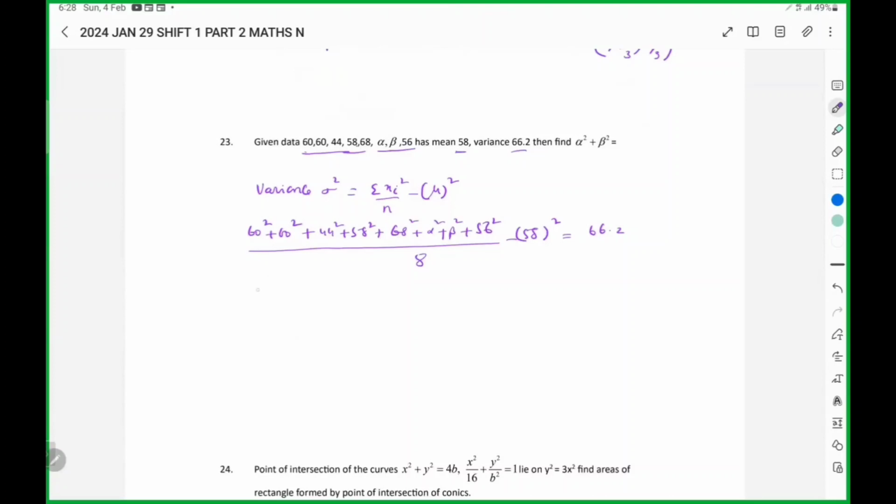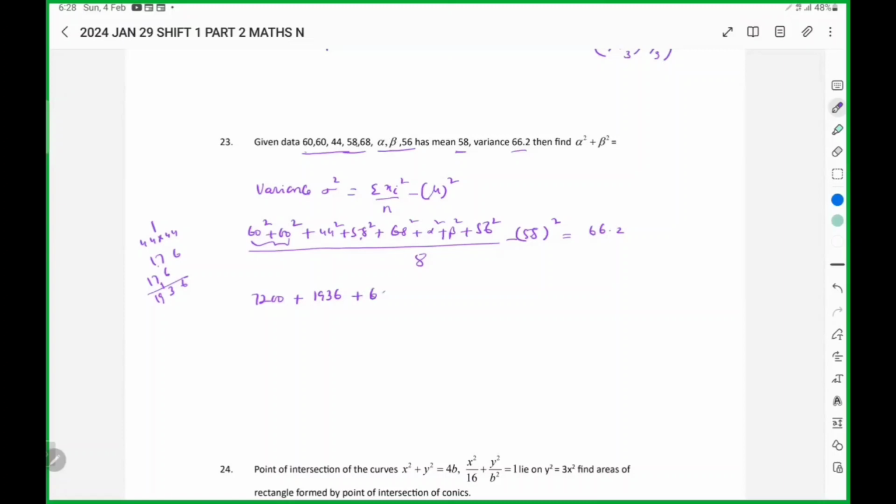Here it is 7,200. 44 square you can directly calculate, so 1936. Here 58, 158 gets cancelled out.